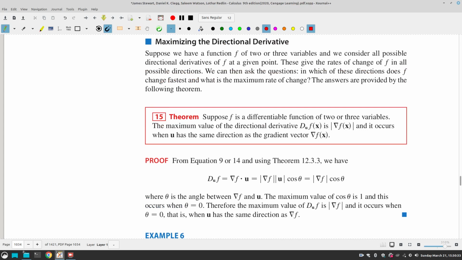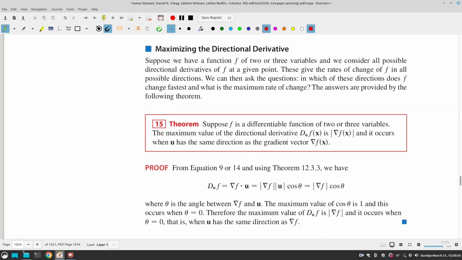Alright, so now we look at a theorem. The theorem tells us that, let's say we have a function of 2 or 3 variables, right? And we want to find a direction in which the directional derivative is maximum.